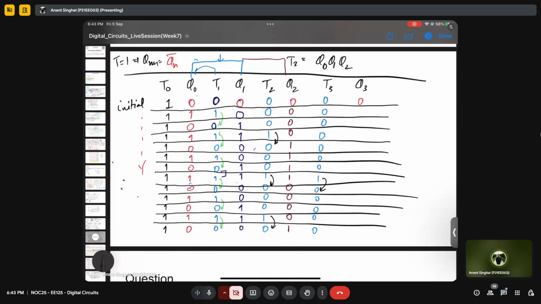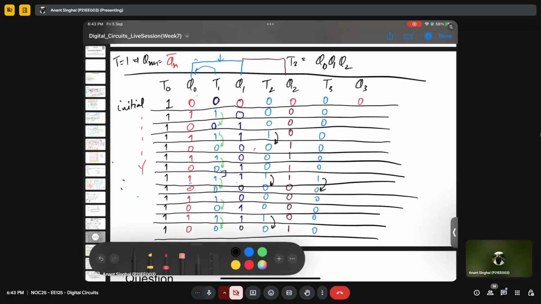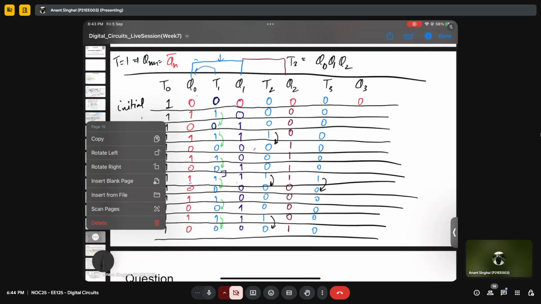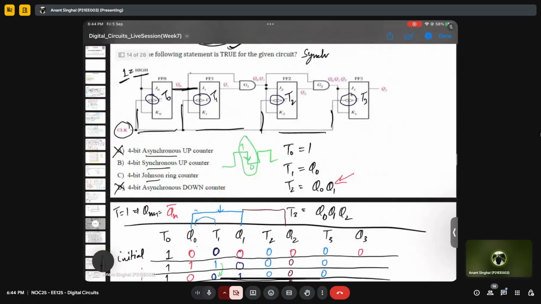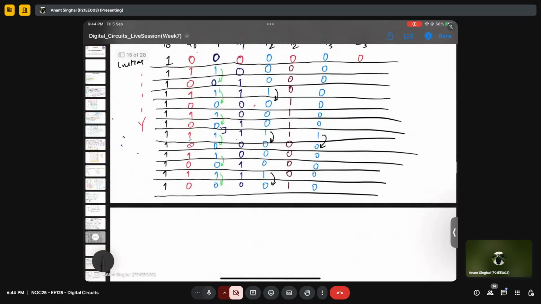Even if I make more cycles, let me do that too. Since this is 4 flip-flops, there should be at least 15 states. So 1, 2, 3, 4, 5, 6, 10, 11, 12, 13, 14, 15, 16. Yeah, something like this.